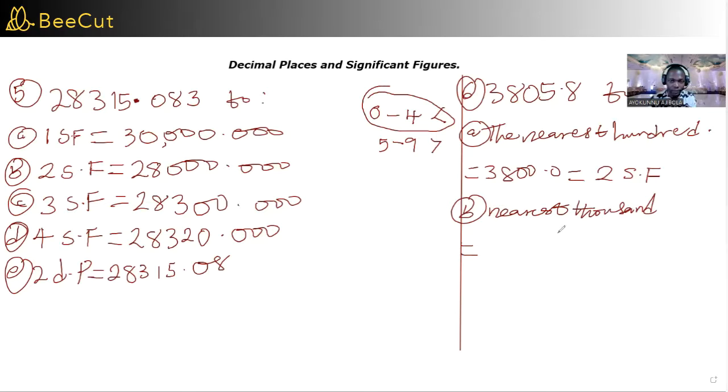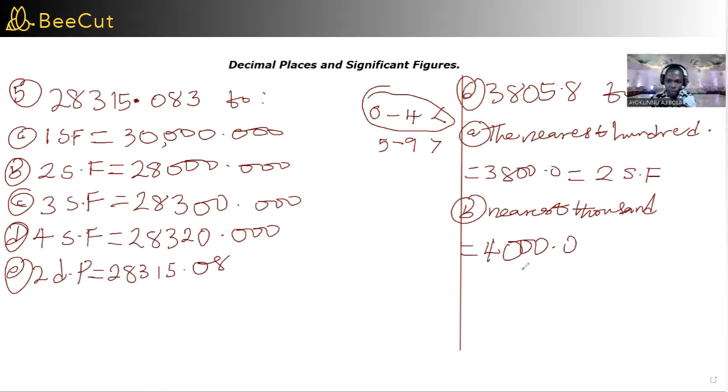Nearest 1,000. The answer should be 4,000. That is correct, 4,000.0. Because this is 3,800, after the 3,000 we have 800, and 800 is closer to the next 1,000, which is 4,000, than to 3,000. So that is correct here.